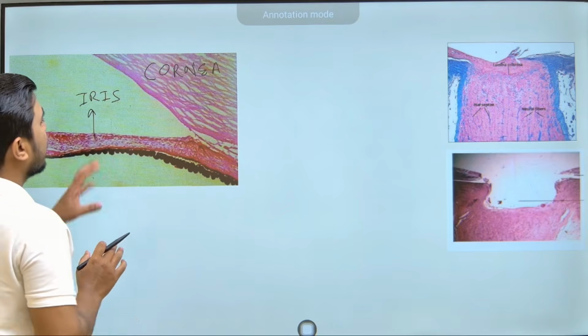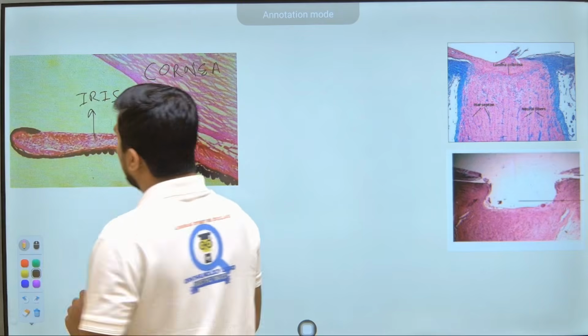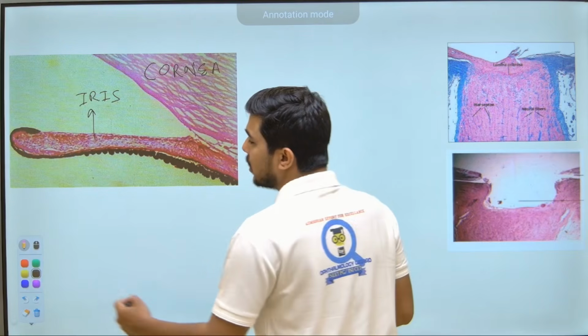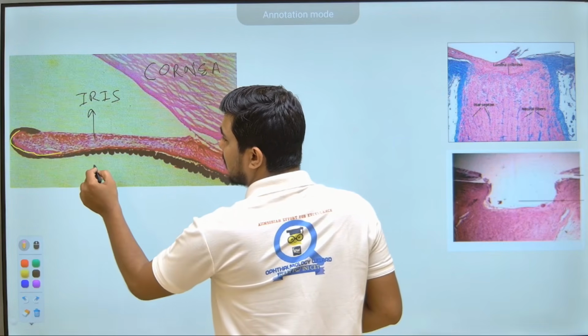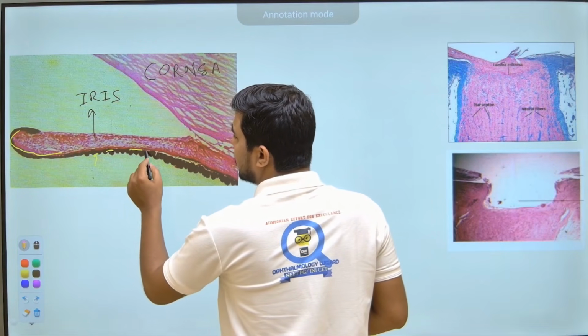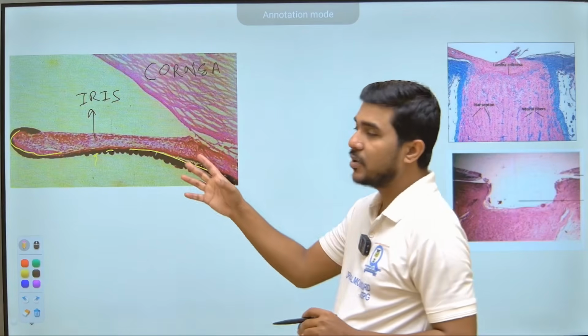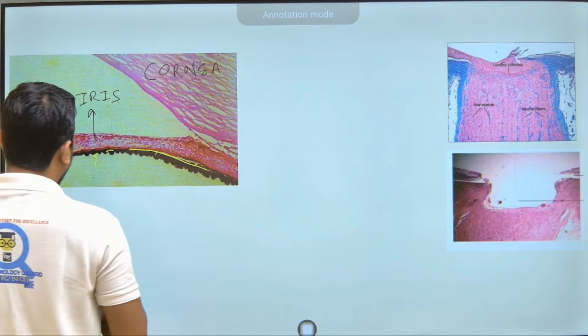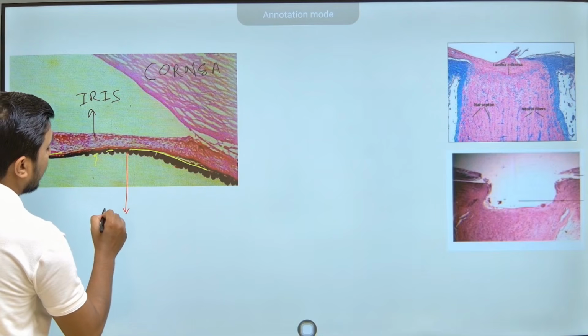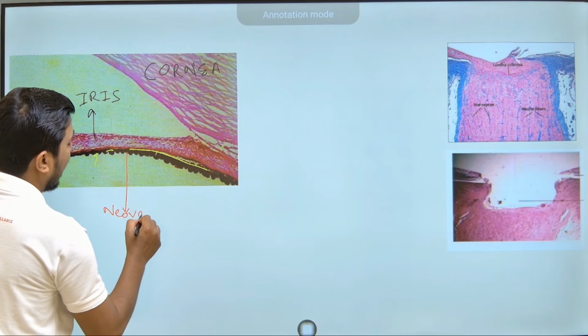Understood? This much will be understood. Now, if this is iris, what about this reddish structure? What is this structure? This is nothing but neovascularization of iris.